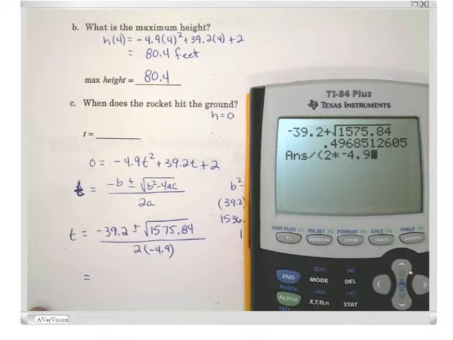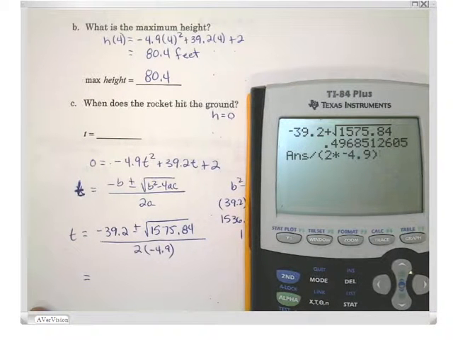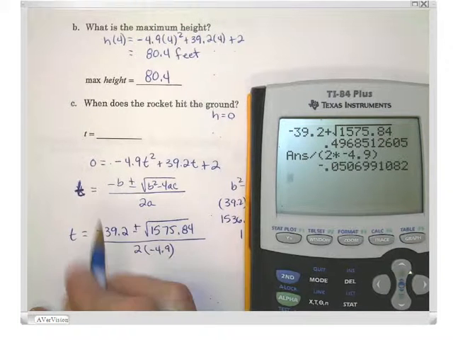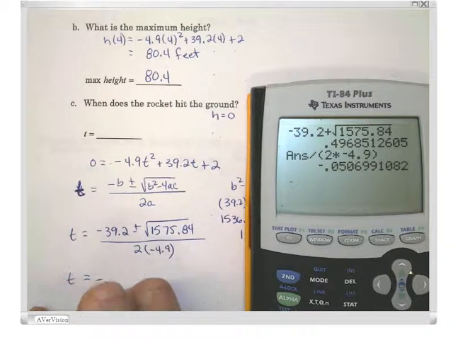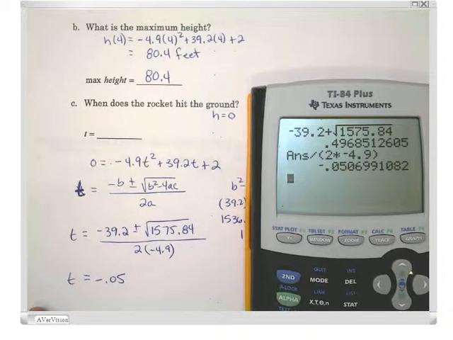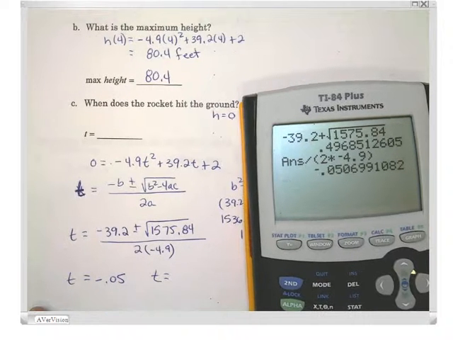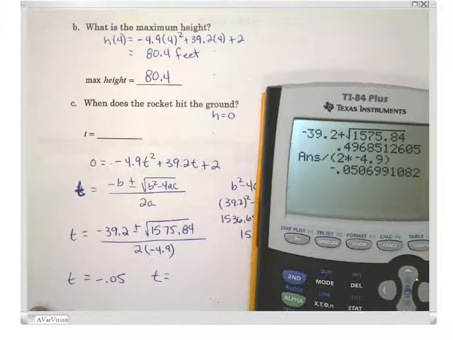You must have the parentheses around the denominator because you're multiplying by a quantity. So go ahead and get an answer there, and you get negative 0.05.